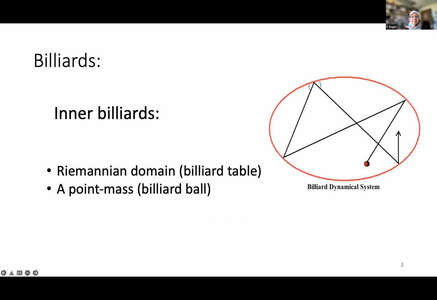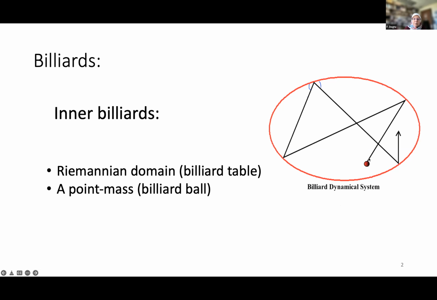Let me start with billiards. The billiard type of dynamical system has been around a long time, since Birkhoff. I will give a brief history of outer billiards in a minute, but please let me start with the definition of the usual billiards, because everything starts with that. A mathematical billiard consists of a domain in the plane and a mass point inside the domain.